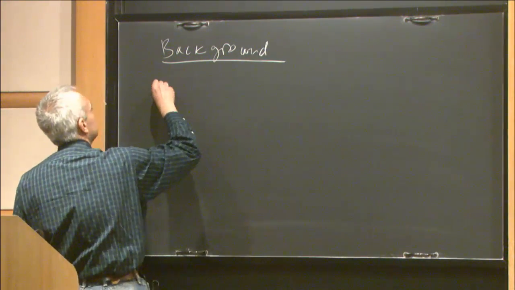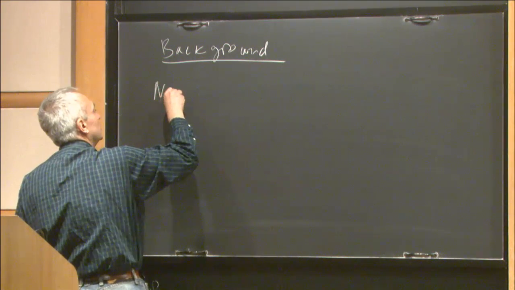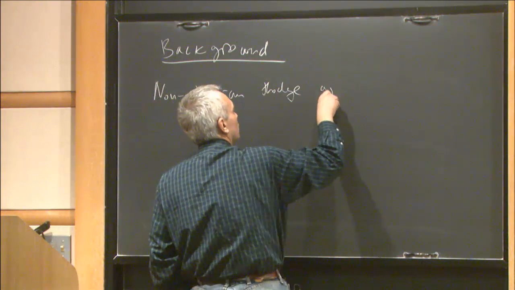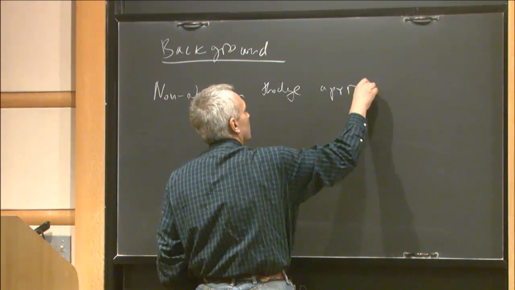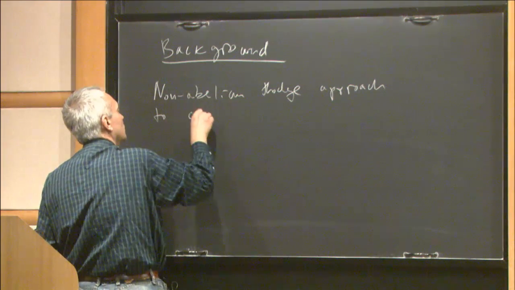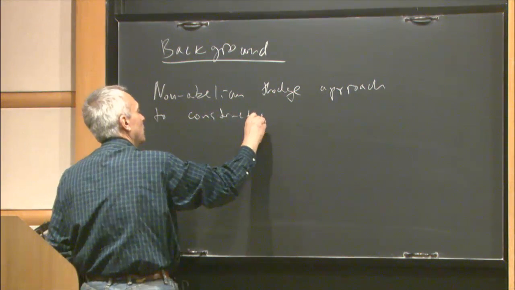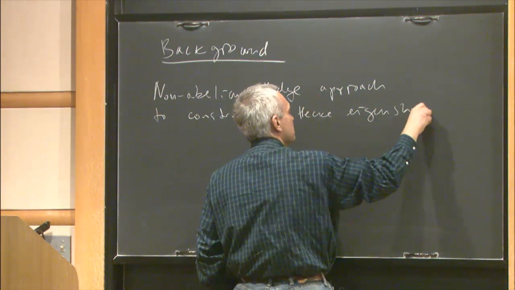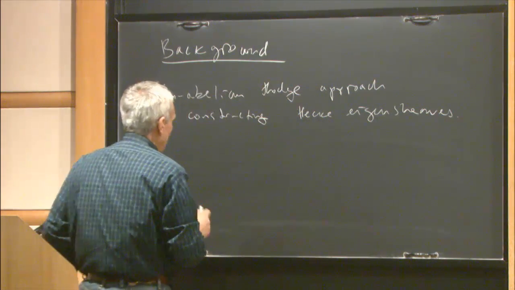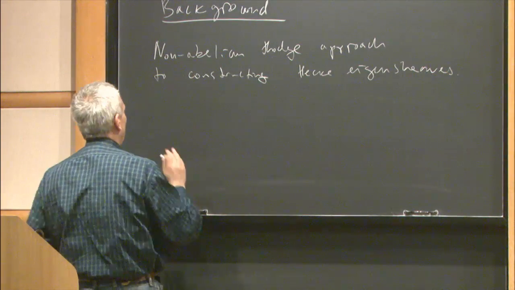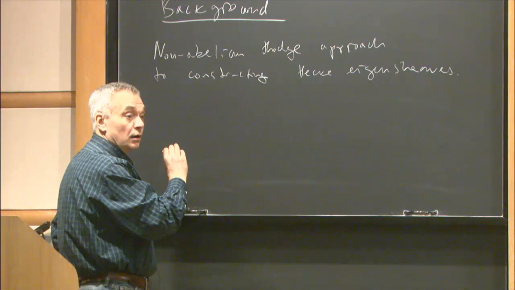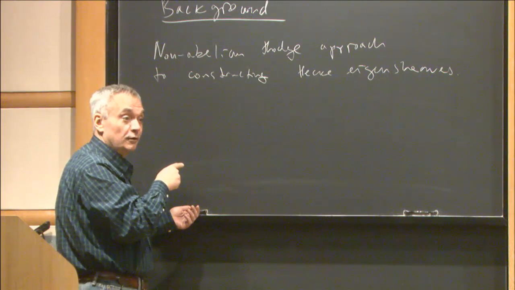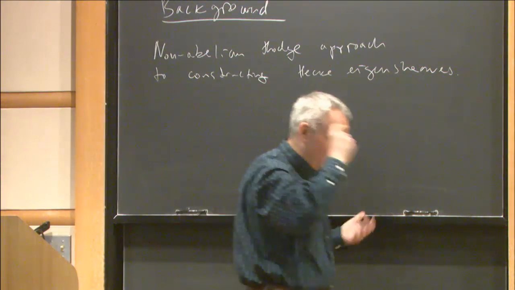So the background is the non-abelian Hodge approach to constructing Hecke eigensheaves. I'm bearing in mind that this is a background that I don't understand, but you're going to provide that. Yes, that's why I'm talking about it.